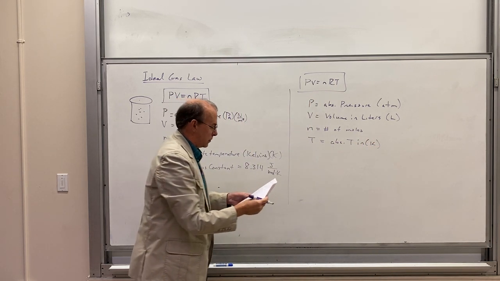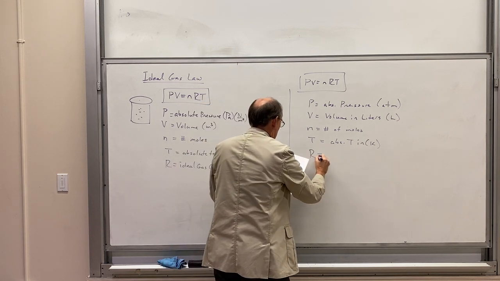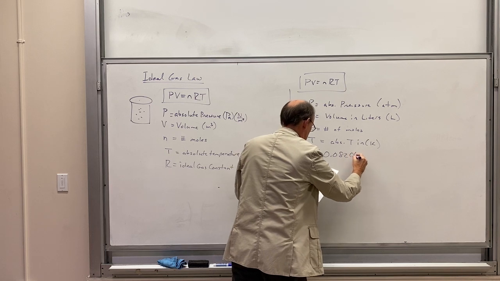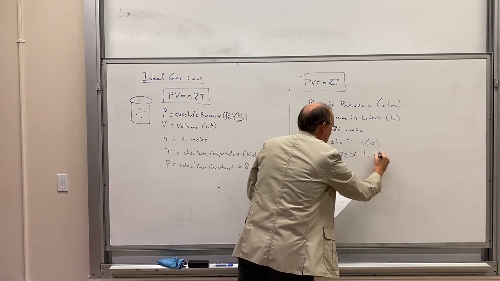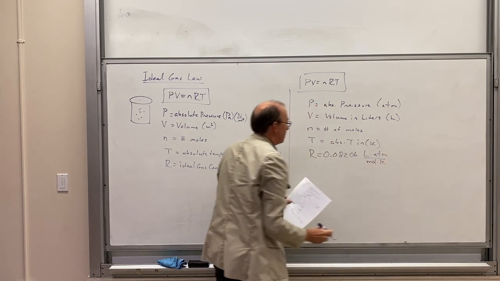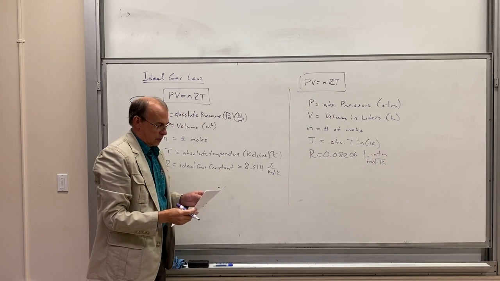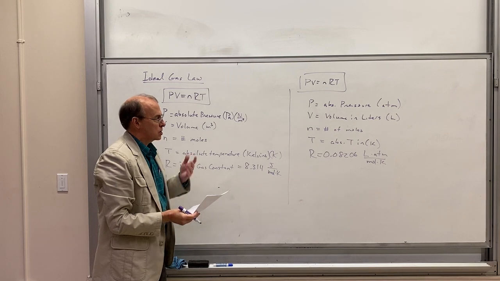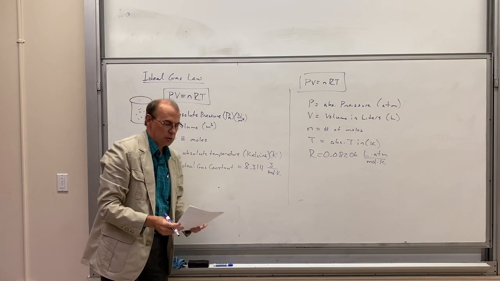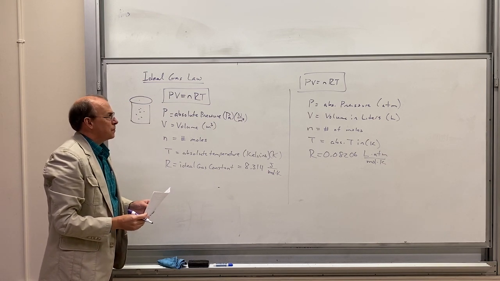And this will work if you use the ideal gas constant R as 0.08206 liter atmospheres per mole Kelvin. So that's just another way to use the equation. It's just a different set of units, and the R is just changed to use that set of units.